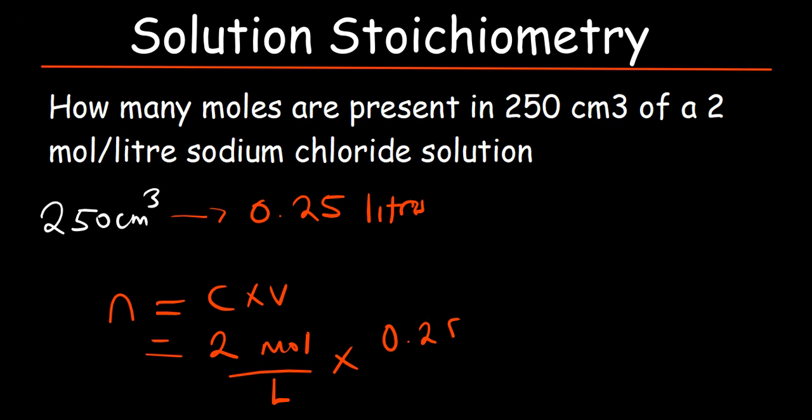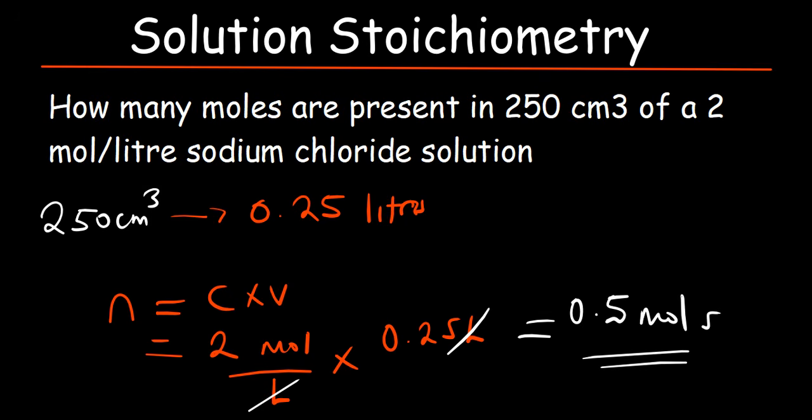The liter and the liter cancel, so I'm just multiplying 2 by 0.25. I get 0.5. Since we're calculating the number of moles, we have 0.5 moles. Basically, this is how you solve this type of question.